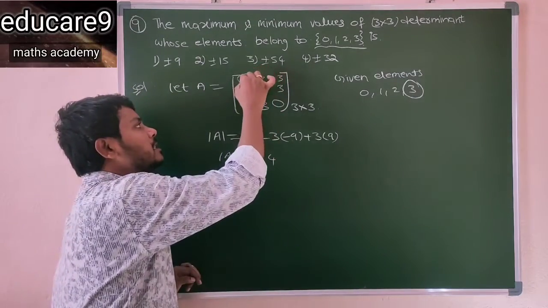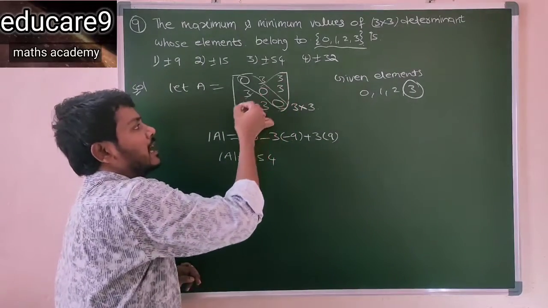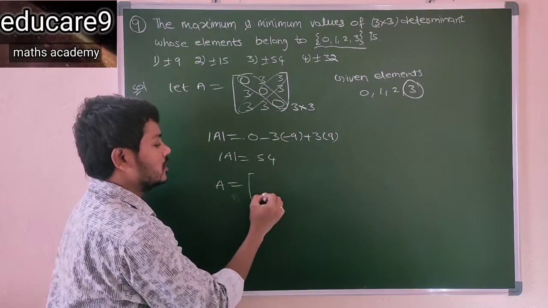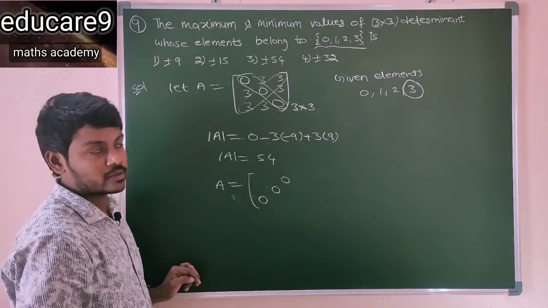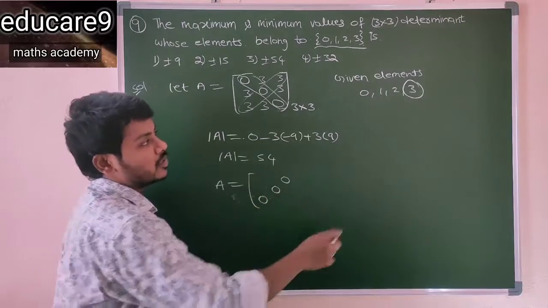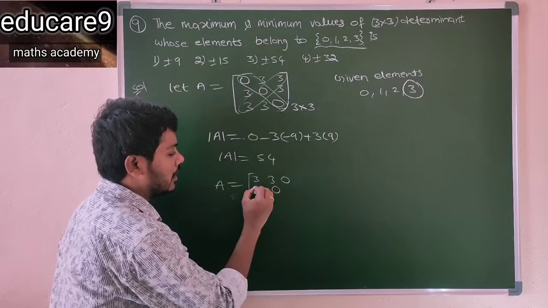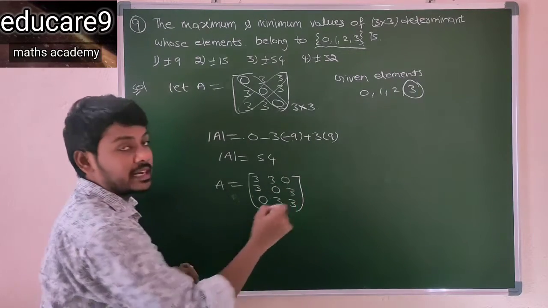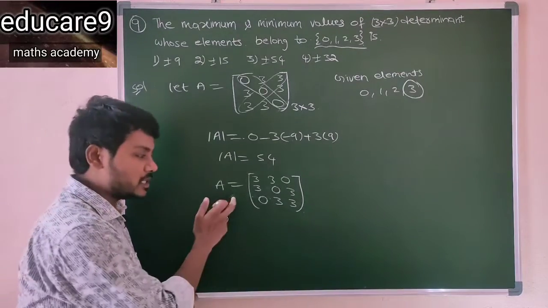If you write these zeros as the anti-diagonal, so that A is equal to, write the anti-diagonal elements as zeros and write the remaining elements as the maximum number, that is 3. So that is 3, 3, and here 3, 3. Here also 3, 3. In that case only you will get the minimum value of this determinant.